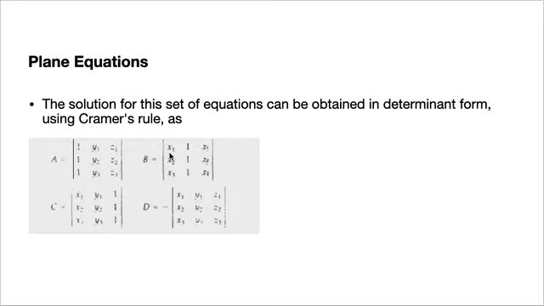B is equal to x1 1 z1, x2 1 z2, x3 1 z3, and C as x1 y1 1, x2 y2 1, x3 y3 1, and D is x1 y1 z1, x2 y2 z2, x3 y3 z3. Okay, so these are the values for A, B, C and D.